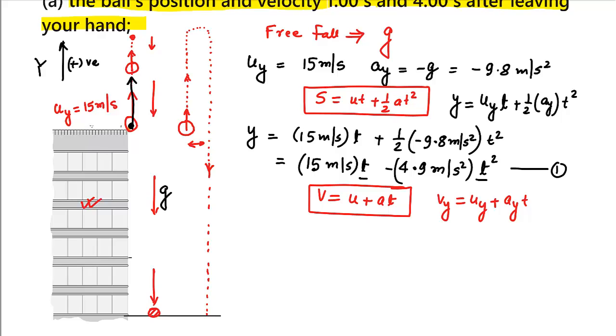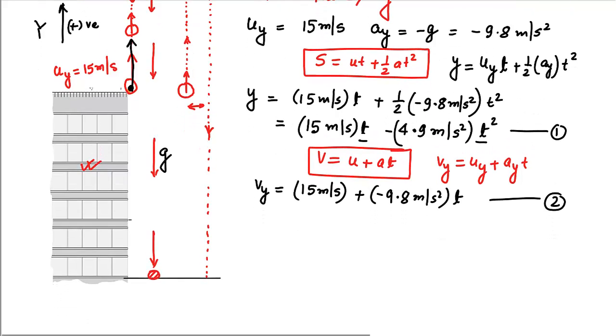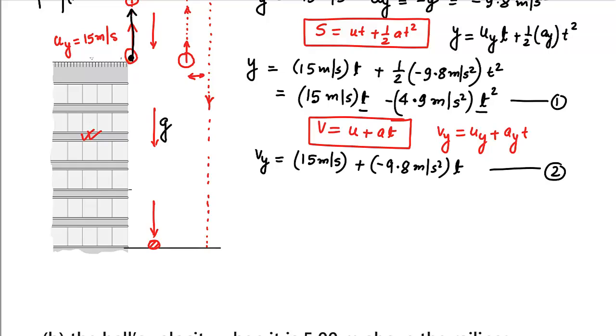So v_y equals u_y, which is given as 15 meter per second, plus a_y, which is minus 9.8 meter per second square, multiplied by time. So now I can calculate y, that is position, and v_y, that is velocity of the ball at different points of time. Let us calculate these two at t equals 1 second.